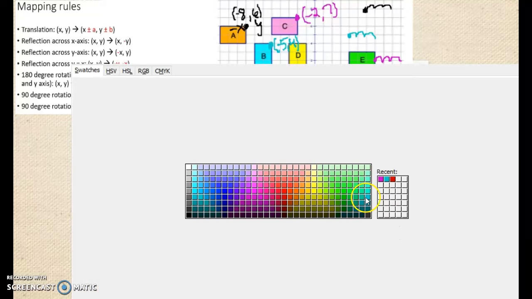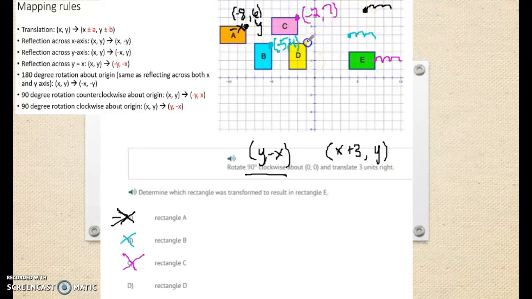So now I'm feeling pretty confident that it's rectangle D, but let's go ahead and look at it just for good measure. That first ordered pair is located at -1, comma 4. So if I use my 90-degree rule, it would turn into 4, comma 1. And then if I move it 3 units to the right, well, that's not looking good.